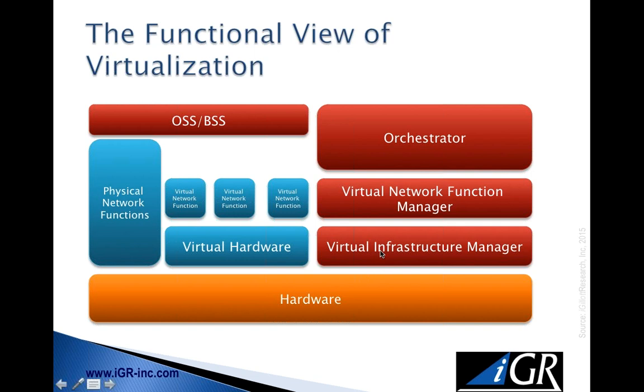Then we have the virtual infrastructure manager, the network function manager, and of course the orchestrator, which keeps everybody in tune here. We have other virtual hardware, and then we've got these virtual network functions, and of course we have the physical network functions as well, and then OSS and BSS, the operating support systems and business support systems, so billing, those types of things, sitting on top of that.